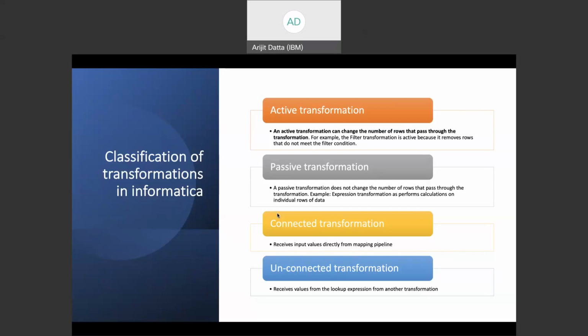That means the number of records coming from the source got reduced before loading into your target. And you have applied, suppose, a filter transformation to reduce, or maybe a router or something that helps us identify the expected records. Those transformations are called active transformations. An example here is the filter transformation, because it removes the rows that do not meet the filter condition.